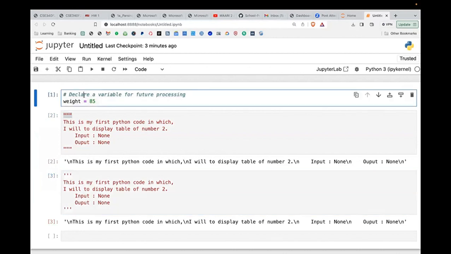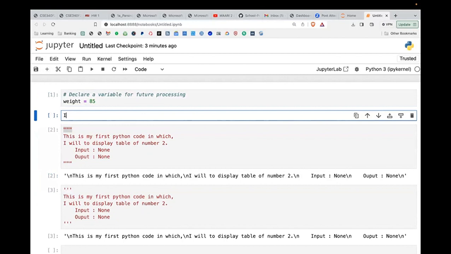In Python, I already told you, strings can be written with single quotes also. Strings can be defined with single quotes or double quotes. So it's the same thing. You are doing 3 double quotes, you're doing 3 single quotes. Everything is the same.